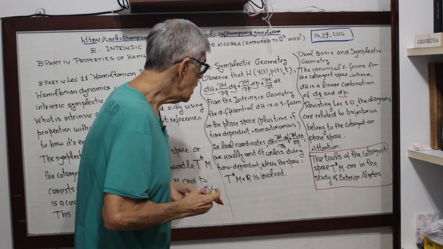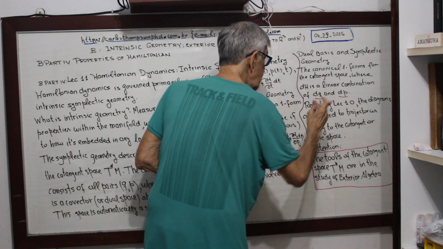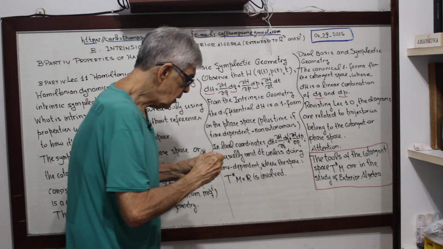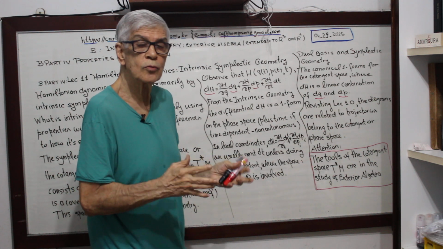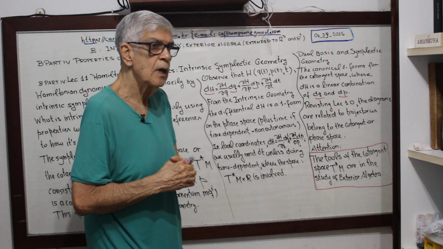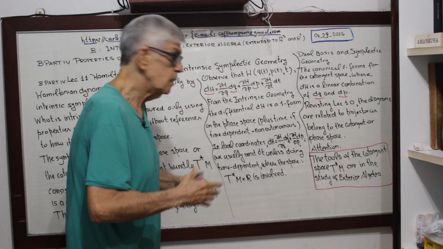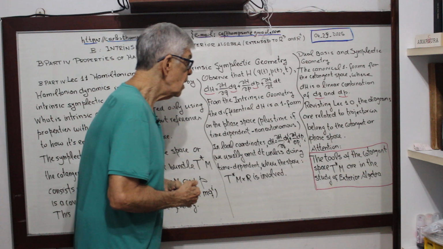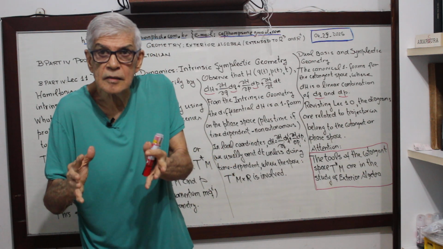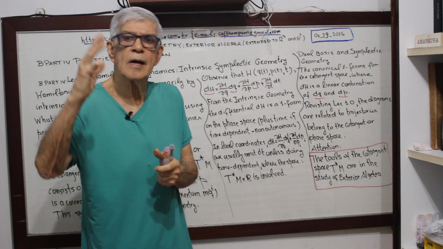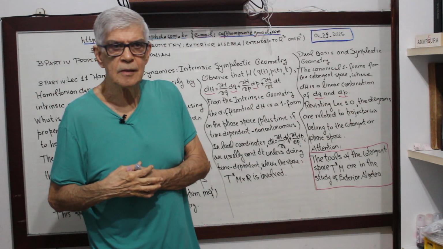So, revisiting lecture 10, we solved trajectories belonging to the cotangent space using the symplectic geometry and intrinsic geometry. When I say symplectic geometry, the intrinsic geometry is implicit.